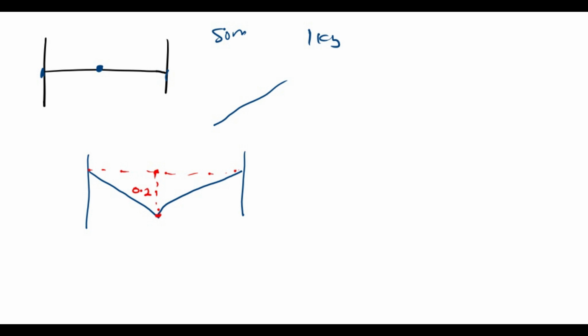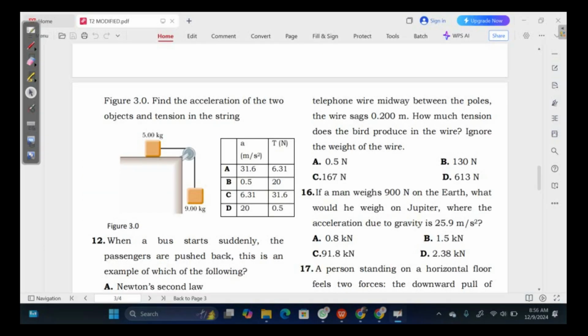That's what they are saying. Let me just go back to the question. So they are saying the wire surge is 0.2. So it sinks from where it started to where it went, 0.2 meters. How much tension does the bead produce on the wire?